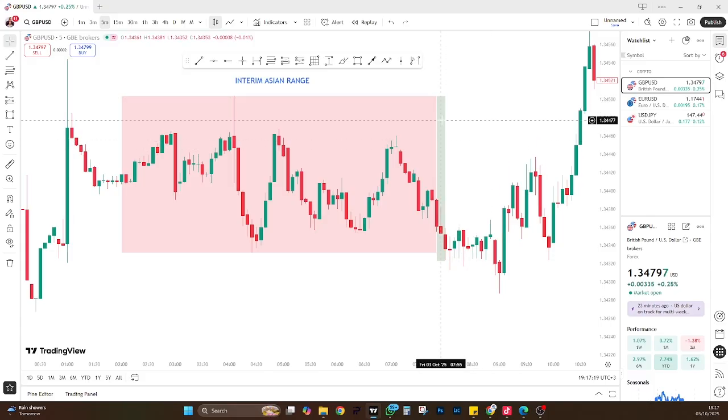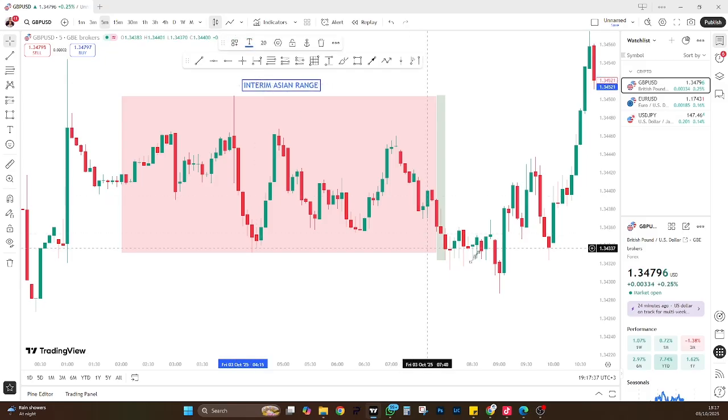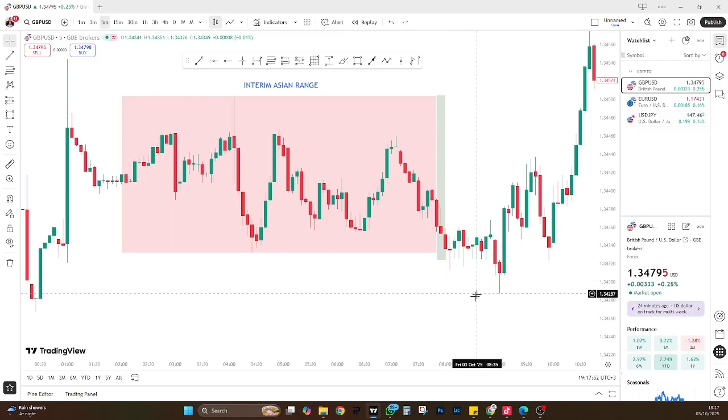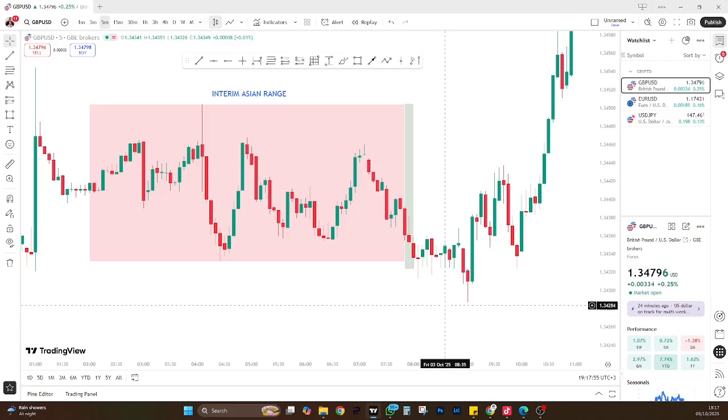You will see this is almost like witchcraft. So between 7:50 and 8, one side of the interim Asian ridge will be taken out. So you have seen that it has taken out the low. That means the main move for today will be bullish.